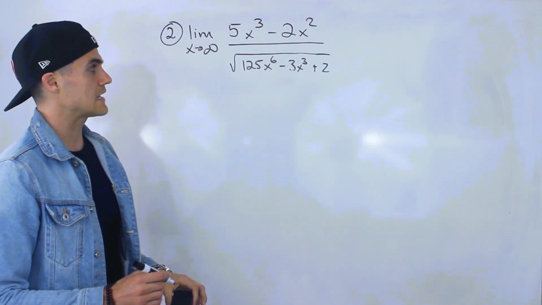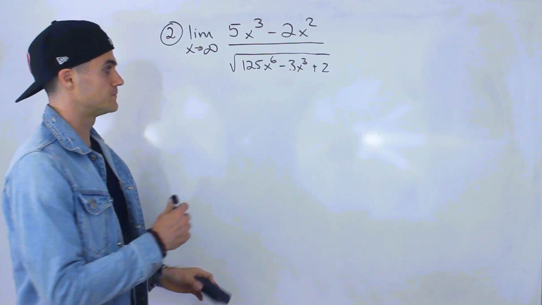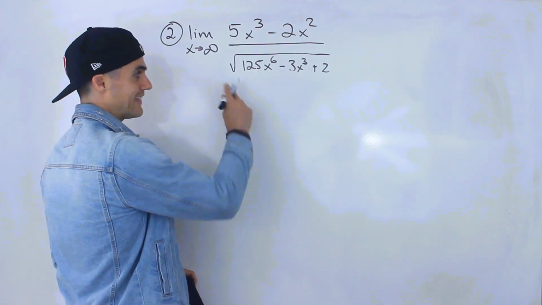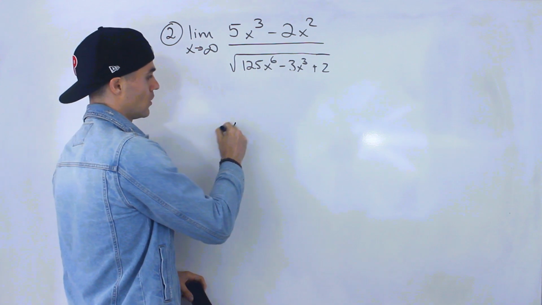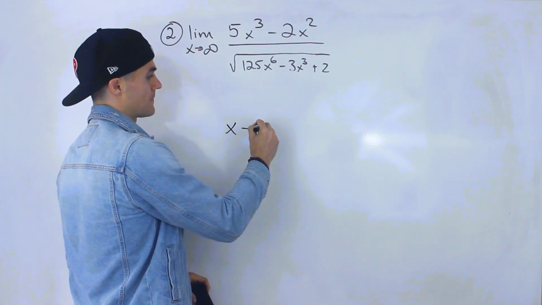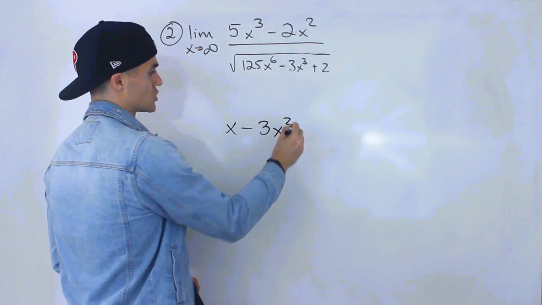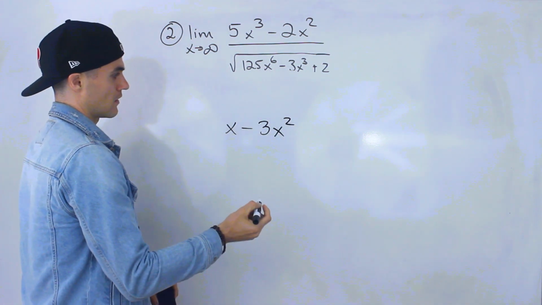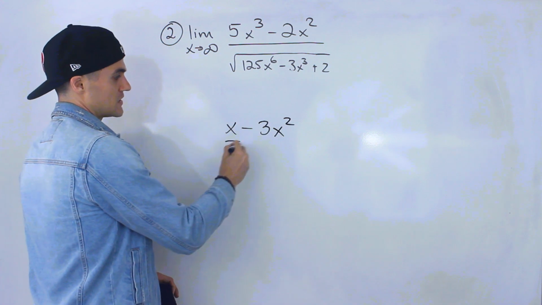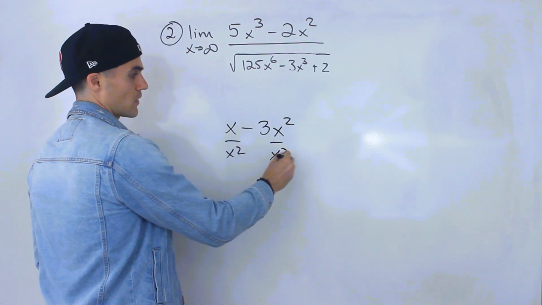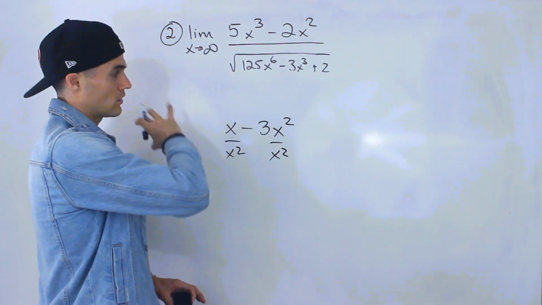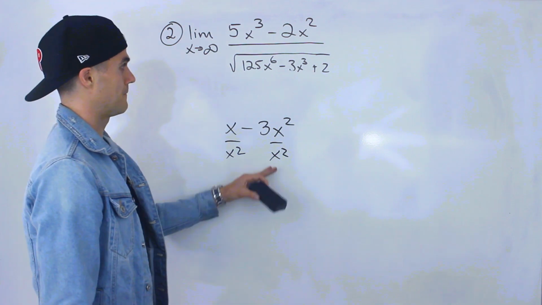So notice in the previous one, in the denominator, we had x minus 3x squared. And so what we did was we divided everything by x squared, and then we divided that numerator, that square root, by x squared.